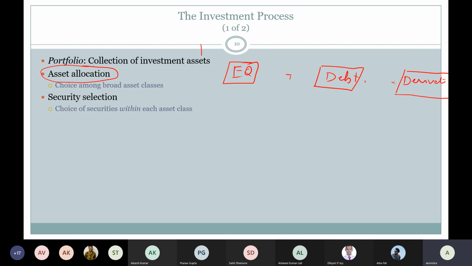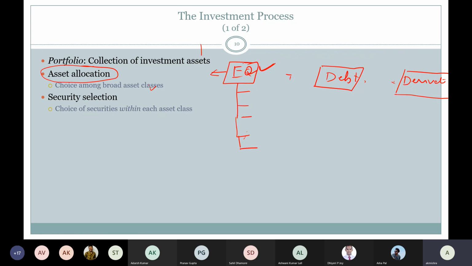Once we decide that, of course, I would like to go ahead with equity, it means you have done the first part. And then within equity, you can have n number of choices. Within equity you can have shares of the petroleum industry, shares of FMCG.